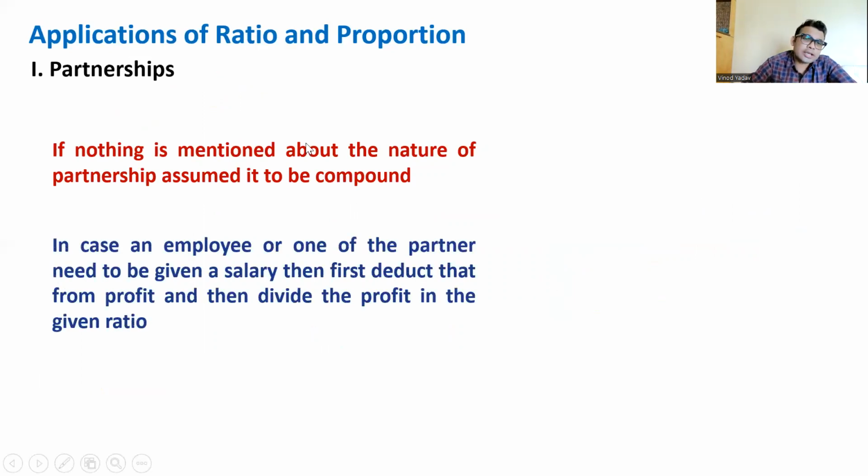Now, one more thing, in case an employee or one of the partners needs to be given a salary, then first deduct it from the profit. So from that profit, the salary will be removed, and whatever profit remains will be considered for distribution among all the partners in the ratio of the product of investment and time. Okay, got it? All right.